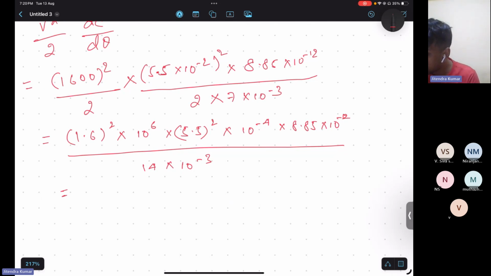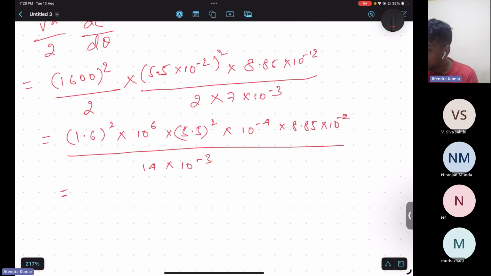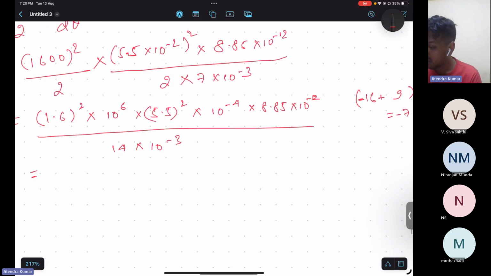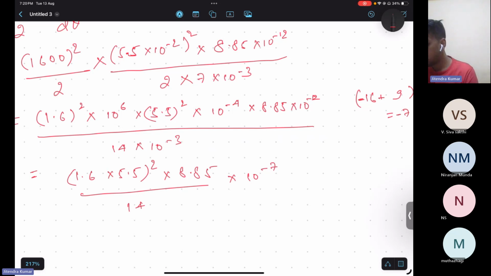Okay, so I'll roughly work out the powers: 6 minus 12 plus 3, that is minus 7. So whatever will come out, 1.6 into 5.5 square into 8.85 divided by 14 into 10 raised to power -7. Okay, so this we will have to calculate.